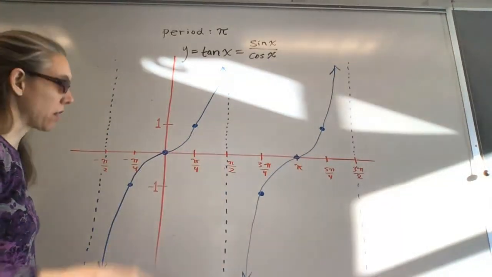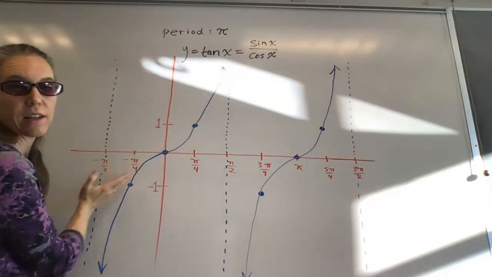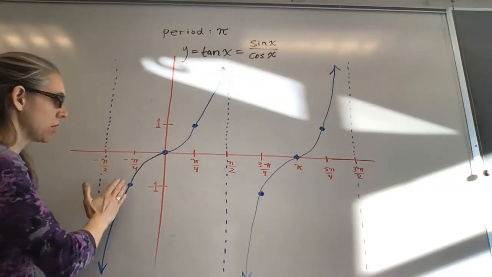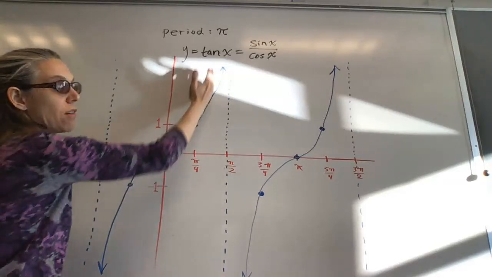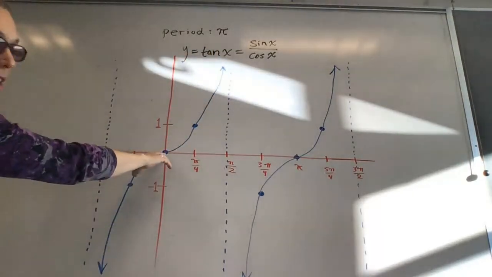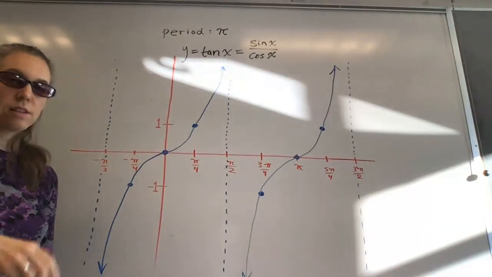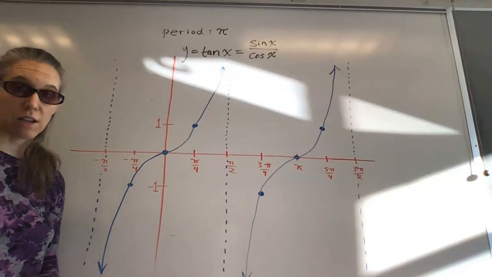Make sure that whatever happens in here is curvy. You should not be drawing a straight line at any point, okay? So make sure it's curvy. You have concave down, concave up. Tangent changes its concavity here at 0. So this is the graph of tangent, and now I want to look at the graph of cotangent.